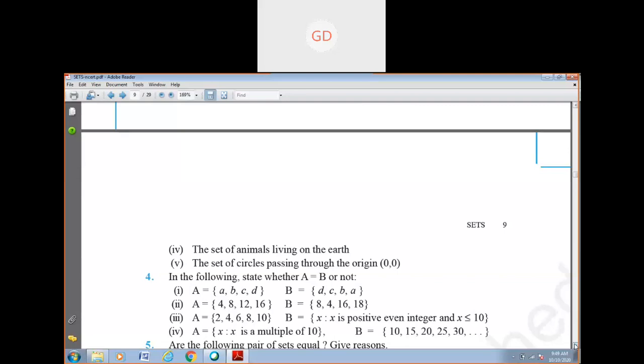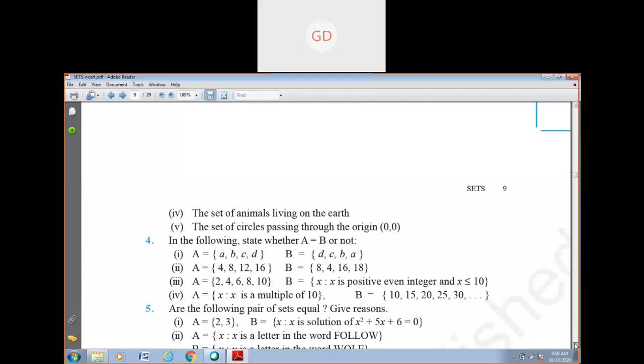In the following, state whether A equals B or not. Very simple, you can try from your side. As I told you, this is the textbook you should follow and no other text is required. I am giving you the sessions based only on this book, and if you just follow this book then you do not have any problem.